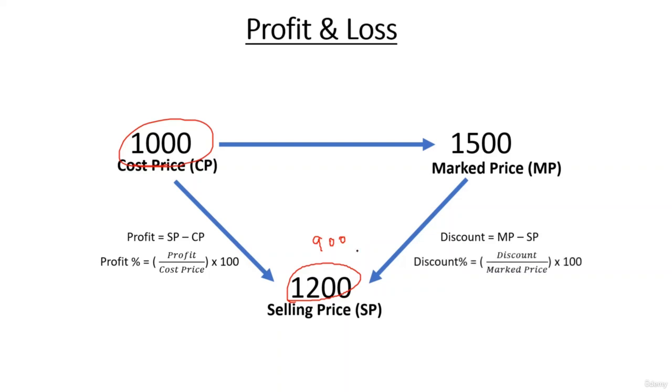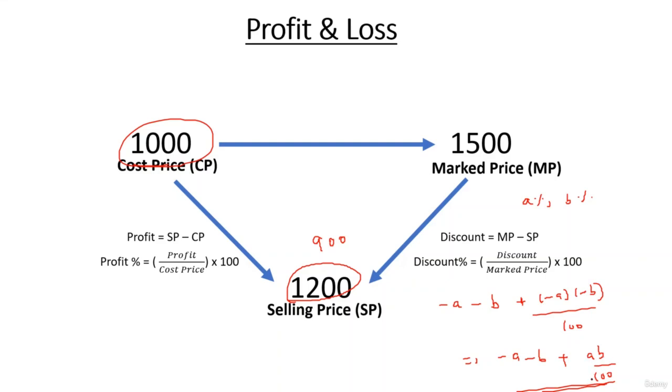Makes sense. For successive discounts you can always apply the formula for two transactions. Two successive discounts of A% and B% respectively give a net of minus A minus B plus AB by 100. Why did I put a minus sign? Because the value is reducing. So that is how we have tried to establish the connection between the mark price and the selling price.